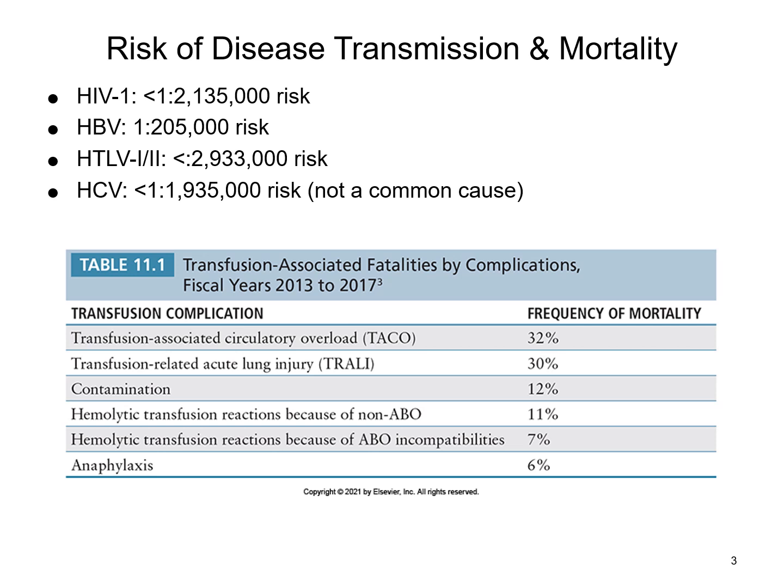So there is still a window where the testing is not picking up on it, but the donor is still able to transmit that disease. So there are some things listed here.